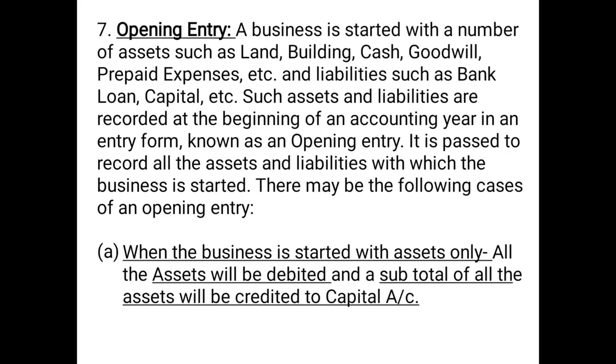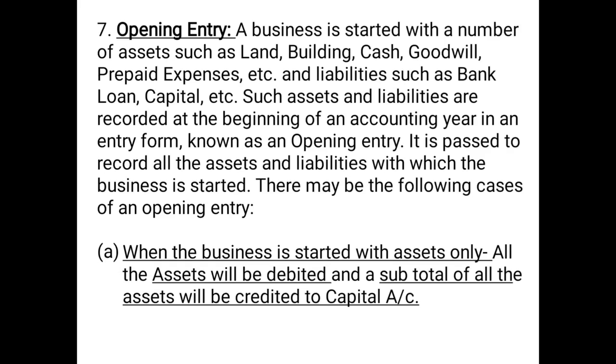that means only the assets have been given to you and no amount of liability is given to you. In this case, all the assets will be debited and a subtotal of all the assets will be credited to the capital account. That means if the question says that a business started with, let's say, land 10,000, building 20,000, furniture 30,000, debtors 40,000, etc., and no amount of liability is given to you, all the assets will be debited, right?